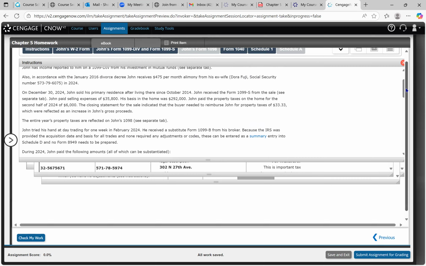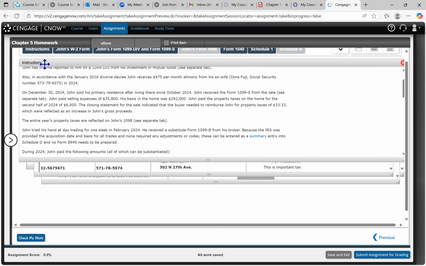Okay, it says here, John tried his hand at day trading for a week. He received a substitute Form 1099-B from his broker because the summary was provided, because the IRS was provided the acquisition date and basis for all trades required. These can be entered as a summary entry into Schedule D, and no Form 8949 needs to be prepared.